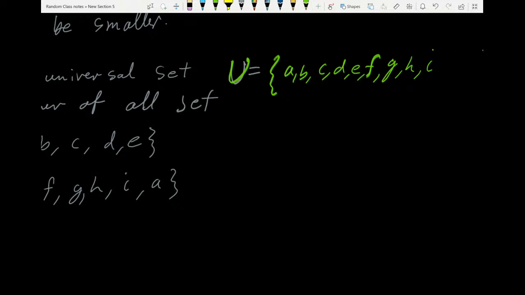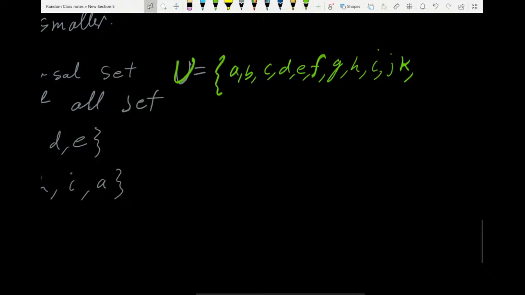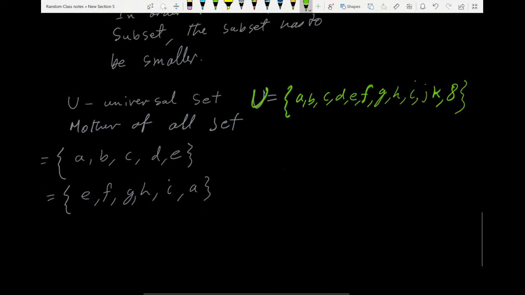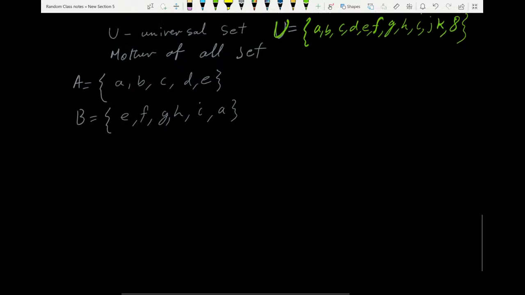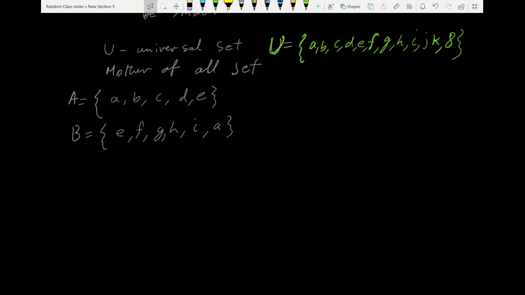Oh, no. I could have more: I, J, K, and then I could have 8 in there. So in the universal set, all the sets have to live inside it, but I could have some elements that are not in the sets.